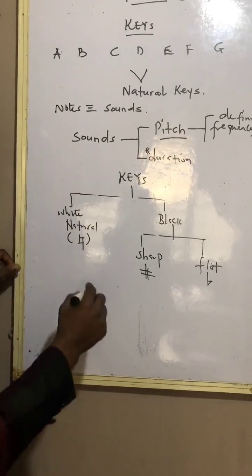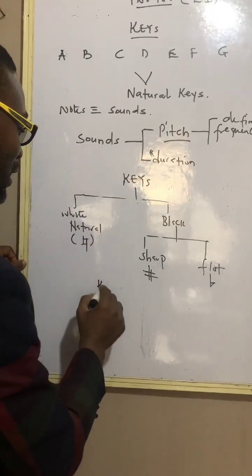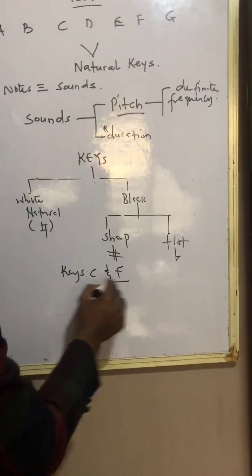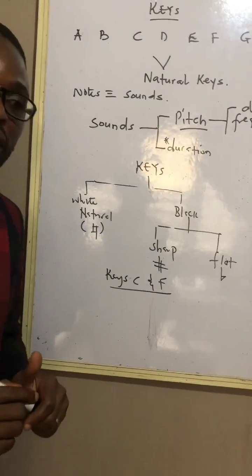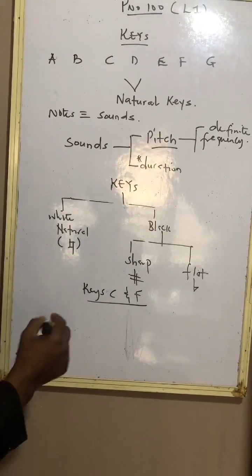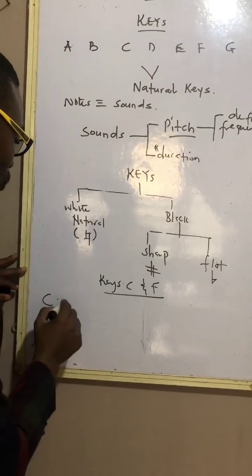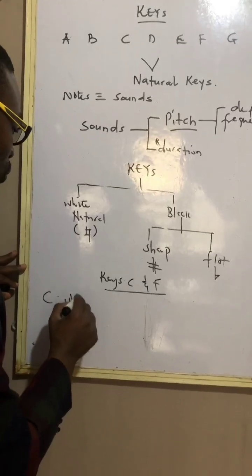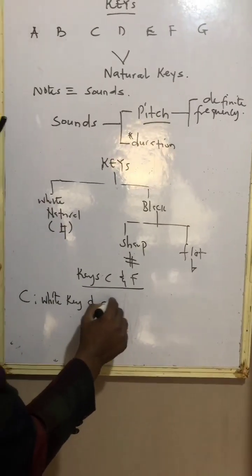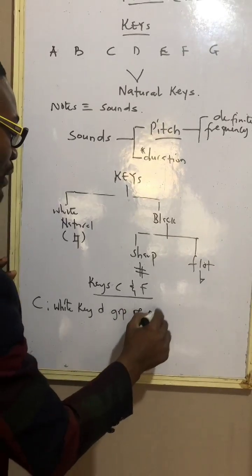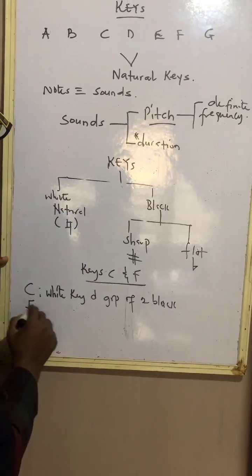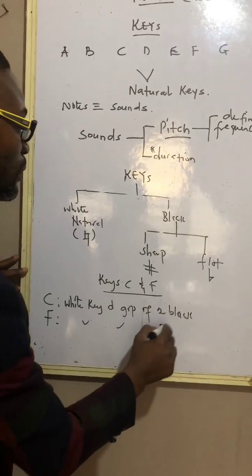Two important landmark keys we are going to speak of are key C and key F, and they help us to exactly name every other key. C may be defined as the white key that is just before the group of 2 black keys, and F will be defined as the white key that is before the group of 3 black keys.